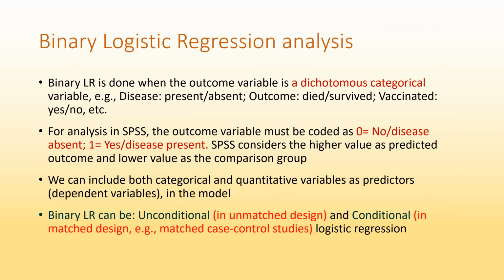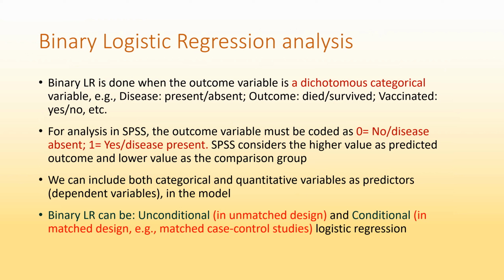So when our dependent variable is a dichotomous categorical variable, that is, a categorical variable with two levels. For example, we have a variable diabetes. So it has two categories, diabetes present, absent. Then another example is outcome of patient. So patient died, patient survived.